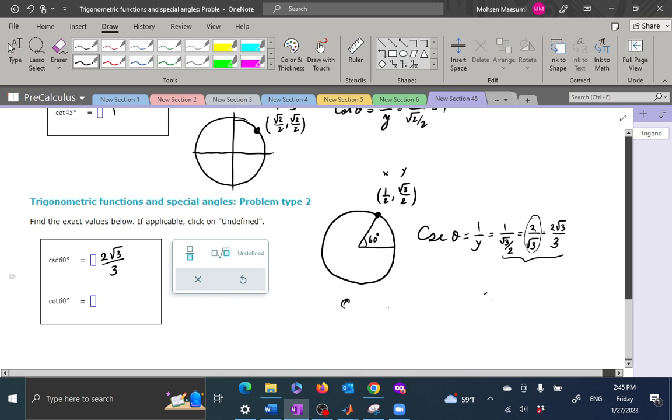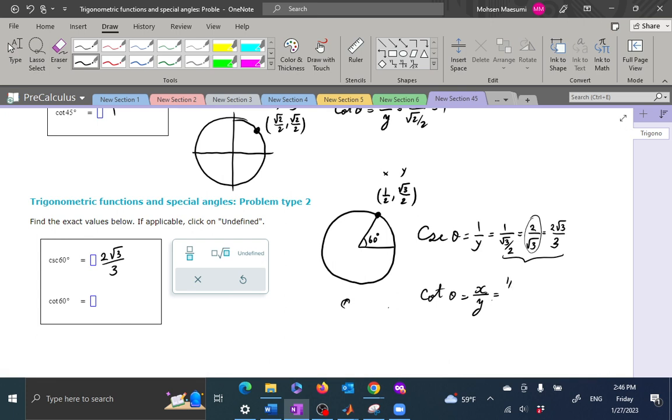How about cotangent? Cotangent of theta was a ratio of x to y. In this case, x is 1/2, y is radical 3 over 2, and the ratio becomes 1 over radical 3. If you want to rationalize, you can write it as radical 3 over 3. Either one is fine.